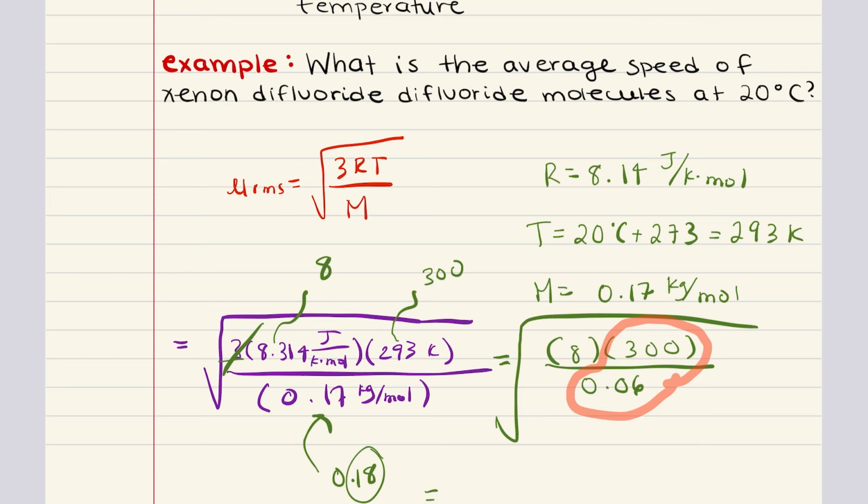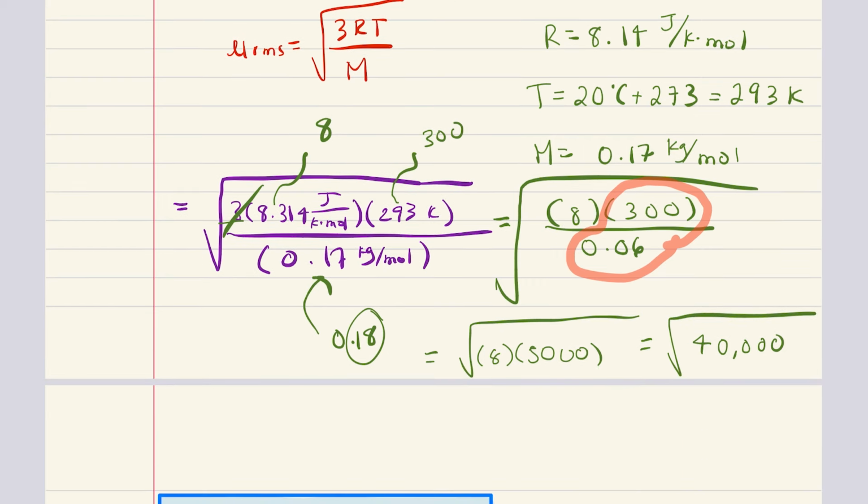So now we have the square root of 8 multiplied by 5,000. 8 times 5,000 is 40,000, and the square root of 40,000 is just 200, because 200 squared gives us 40,000. So our average speed for the xenon difluoride at 20 degrees Celsius is approximately 200 meters per second.